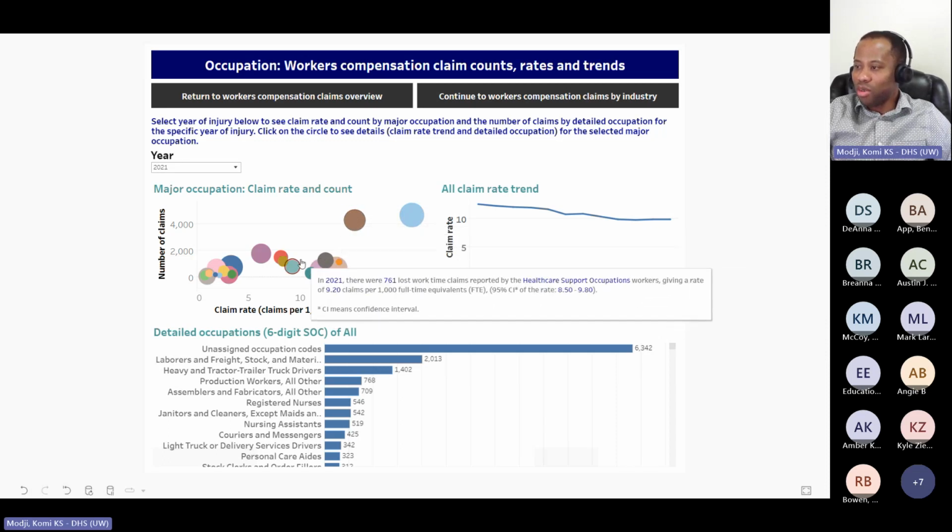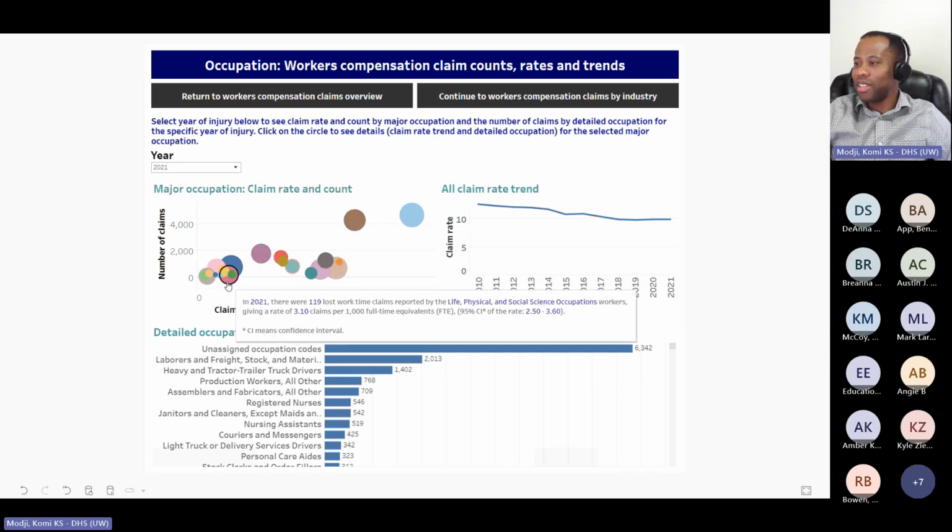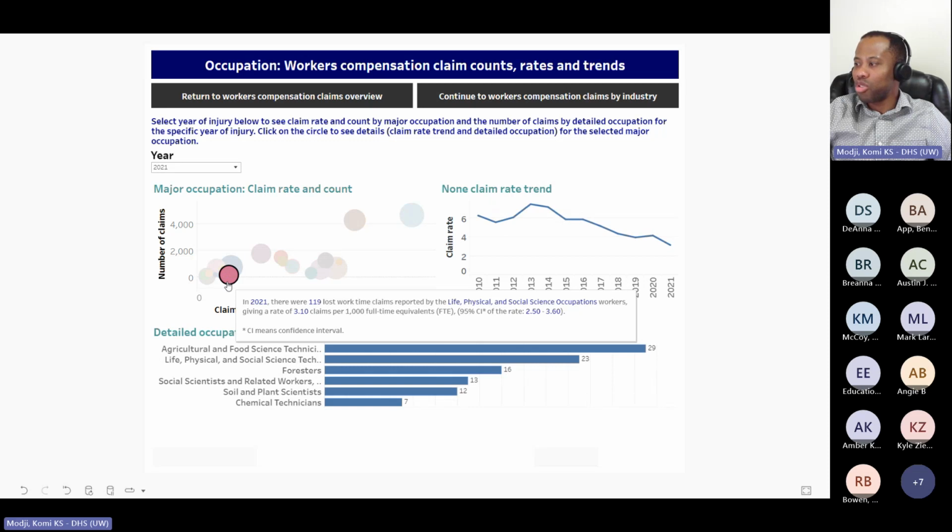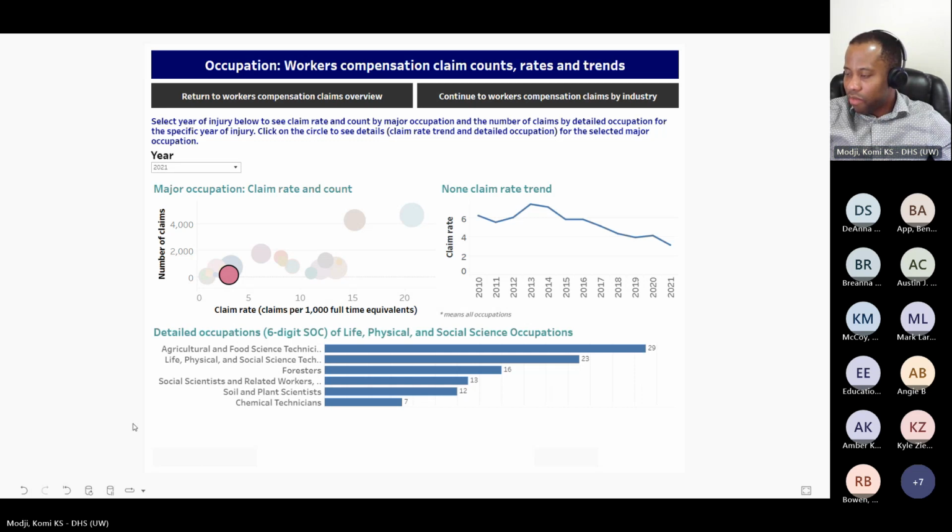And we can go down the road until we get to physical and social science occupations, under which environmental health specialists fall. And if you do that, you'll see again the detailed occupations: agricultural workers, life, physical, social science technician, and then you see all the way down.